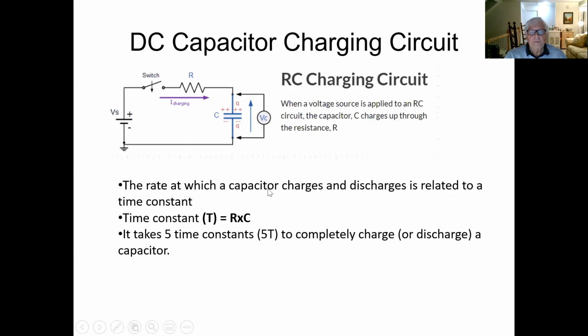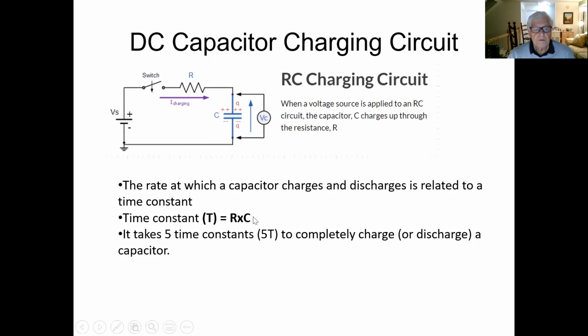The rate at which the capacitor charges is related to the time constant, the time constant being the product of the resistor and the capacitance. If you multiply resistance times capacitance, we get a figure that's in seconds.